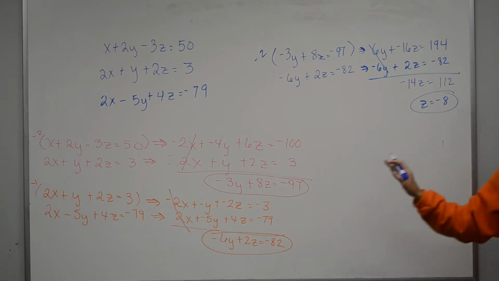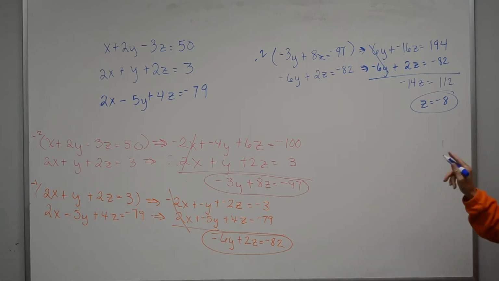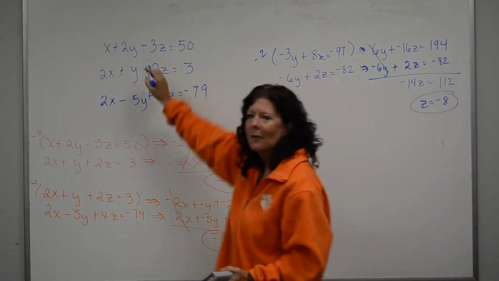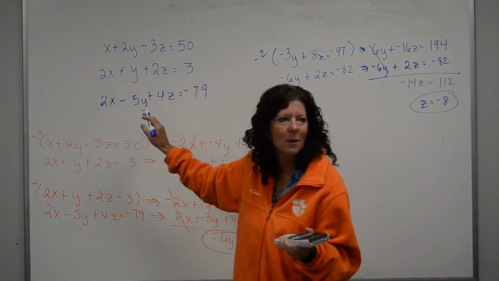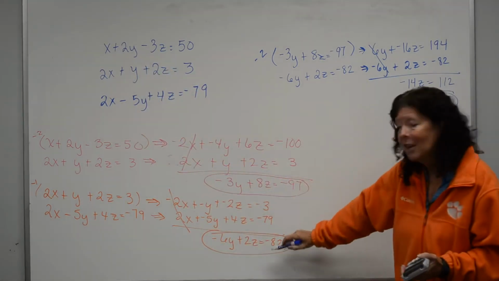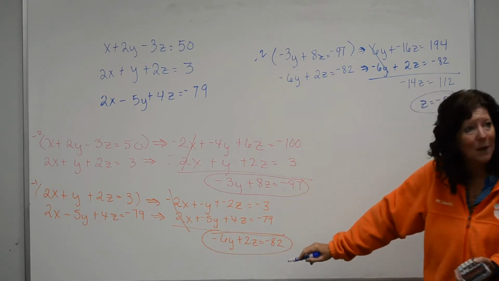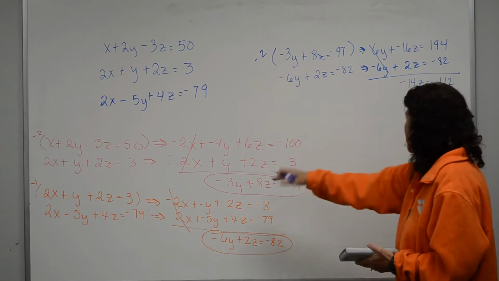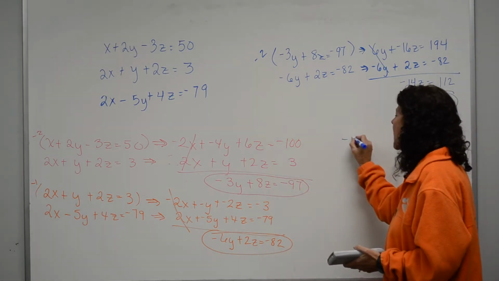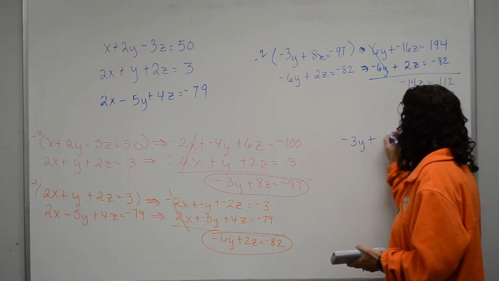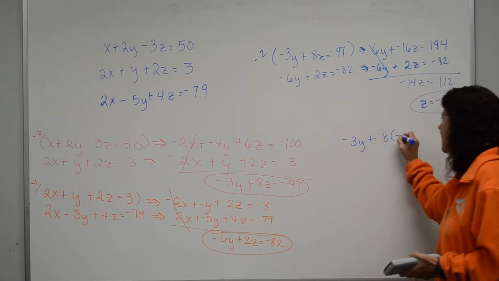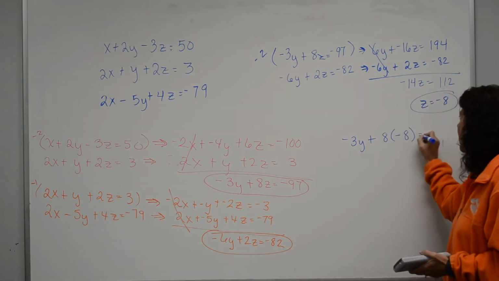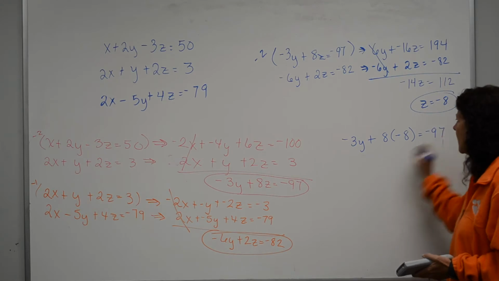Now I have to go back and plug that z in. I can't plug it back in over here because that would still give me two unknowns. But I can plug it back into one of those two down here that I have circled. Doesn't matter which one I plug it into. Let's plug it into the first one. So I have negative 3y plus 8 times negative 8 equals negative 97.